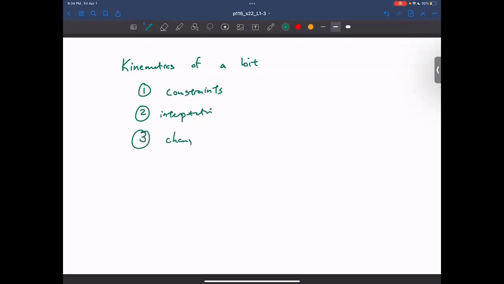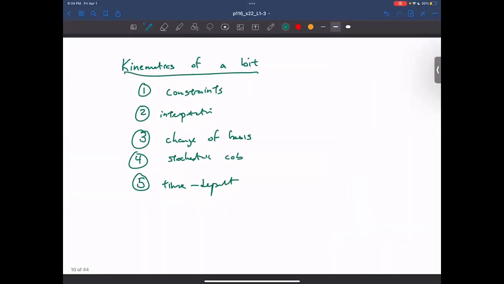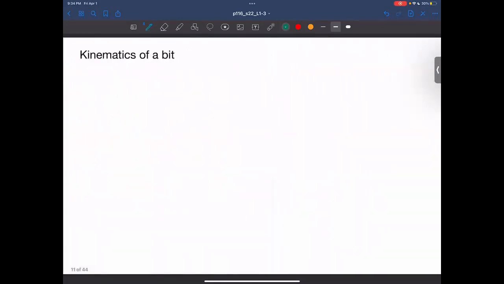Change of basis. Stochastic change of basis. And then finally, we'll look at time dependent. This will all be preparation, I think, quite obviously, for what we think of as qubits. Kinematics of a bit.